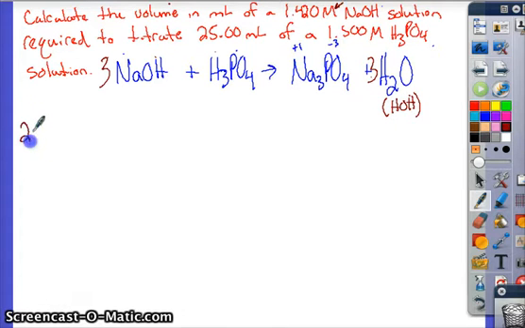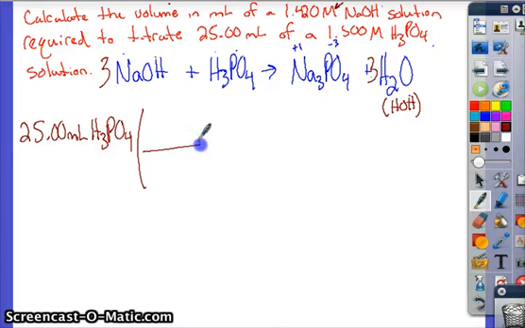So if we take 25.0 milliliters of our phosphoric acid, we can extract the number of moles that are in this amount of phosphoric acid.